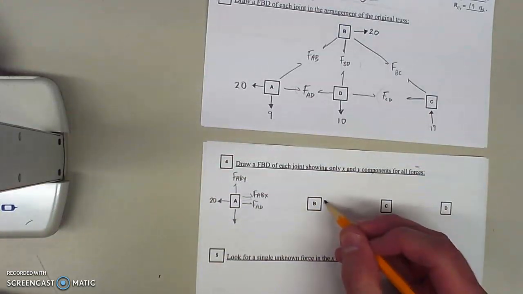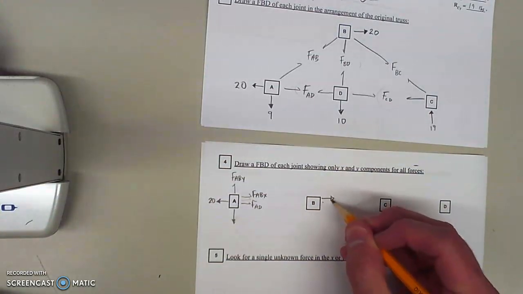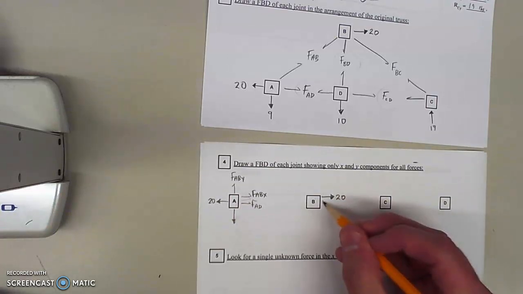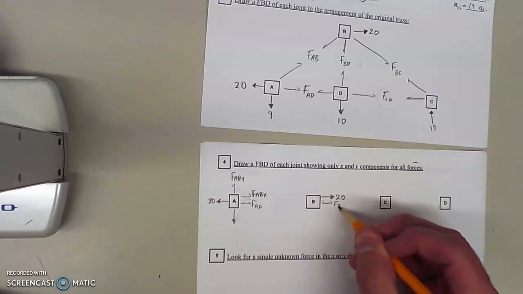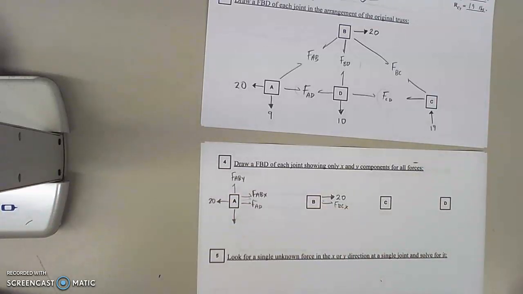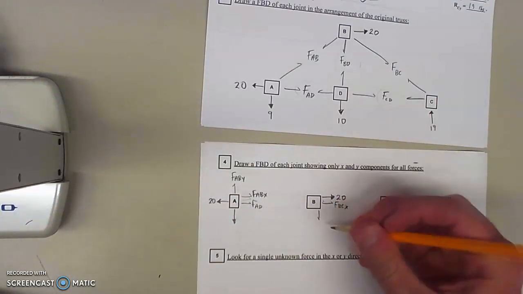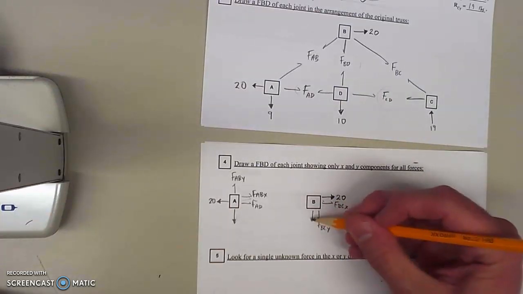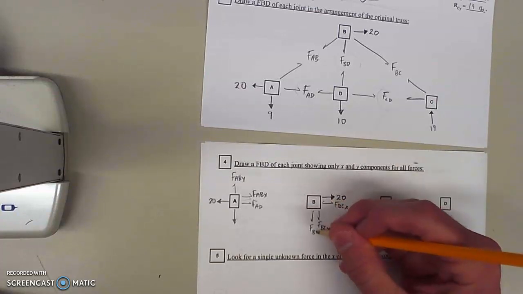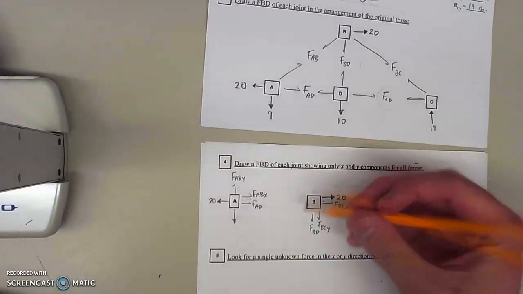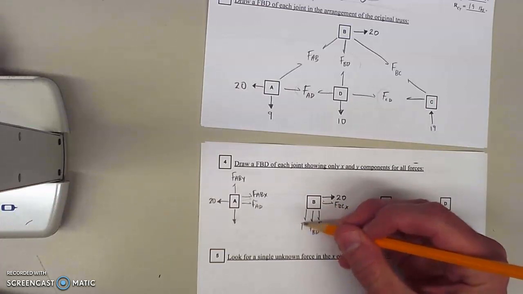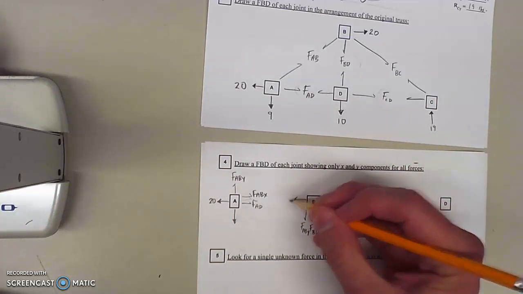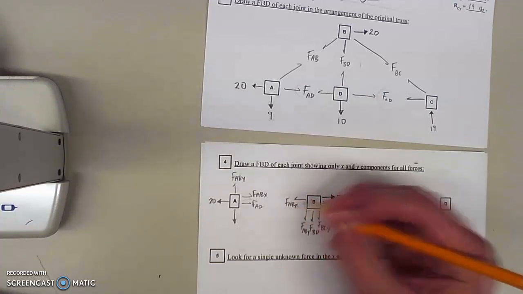Now let's look at joint B. Well, I know I've got this 20 pounds here, and I've got FBCX, and that would mean I need an FBCY. Then I've got FBD and FABY and FABX.